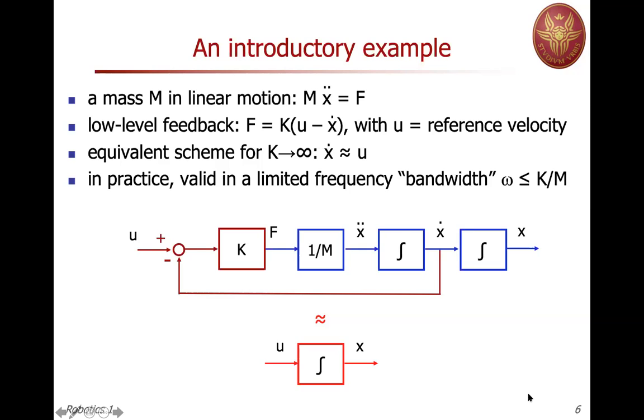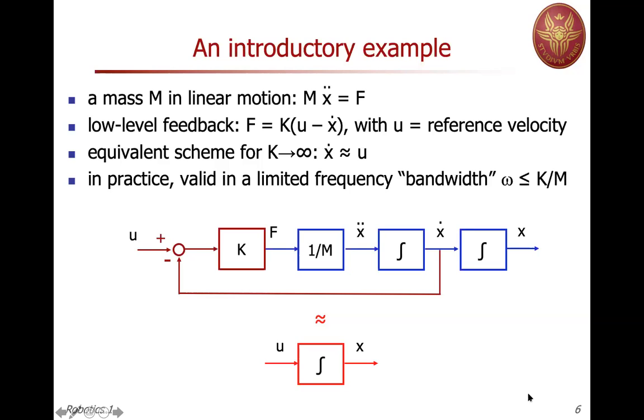So in terms of bandwidth of signals that you can reproduce, there's a limitation, and this bandwidth is nothing else than the ratio between k and m, which means that the larger k, the higher the frequency of the signal u that you're commanding. You can command a sinusoid, but you can also command a non-sinusoidal trajectory, which can be decomposed in its Fourier contributions.